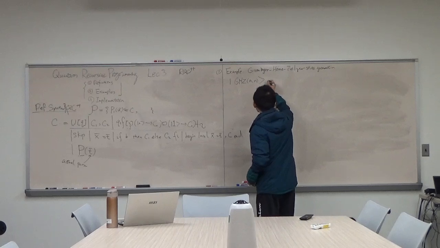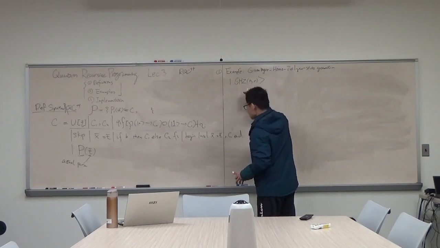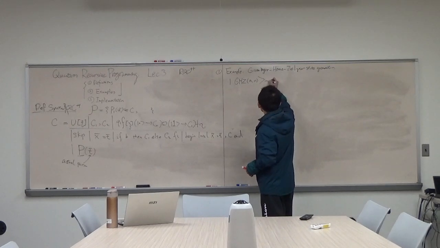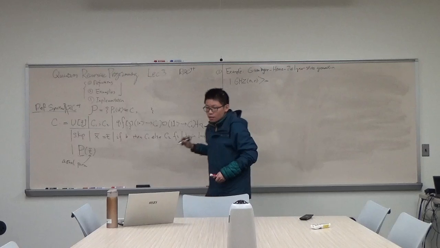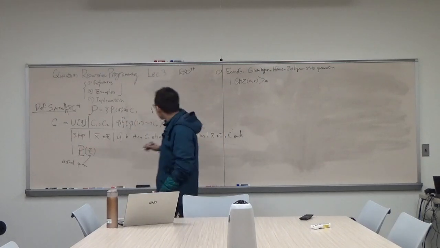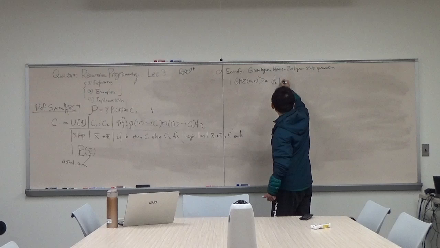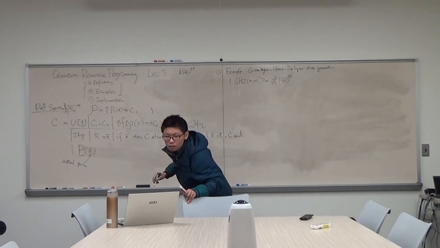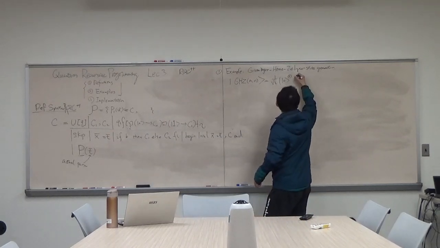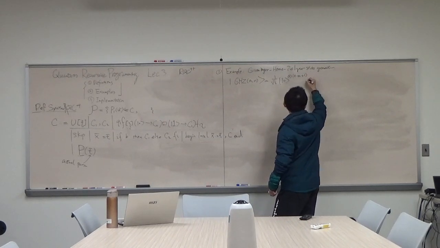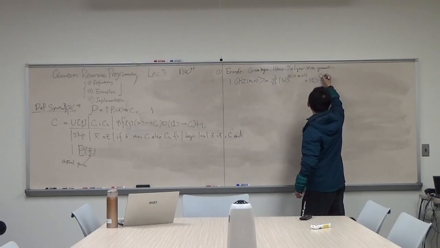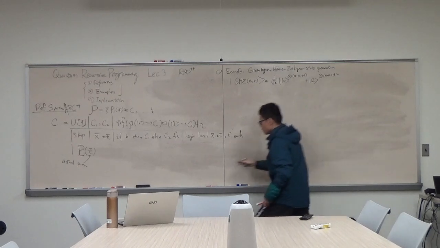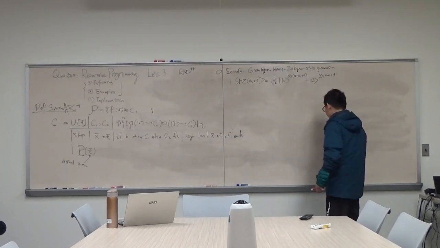So we have some parameters, because this should be called the generalized GHZ state. And it is defined to be 1 over square root of 2 times the sum of the 0 state and the 1 state on the qubits.